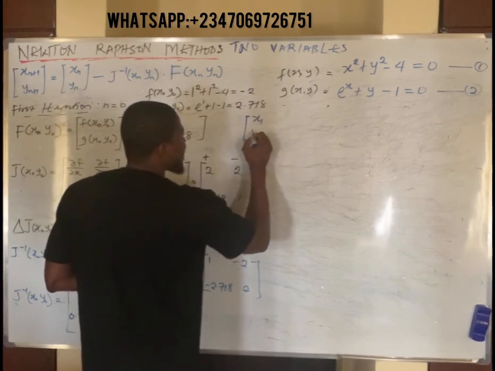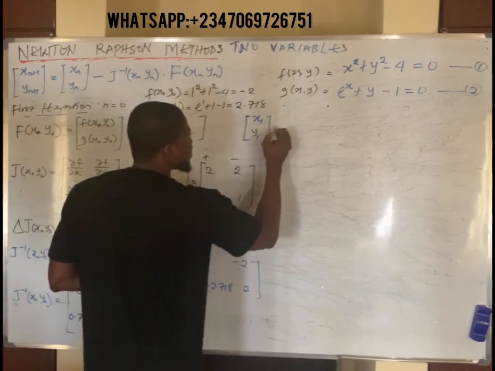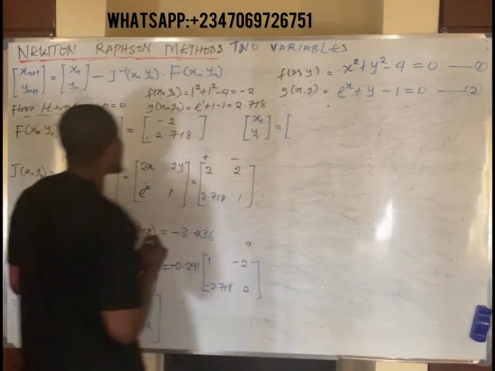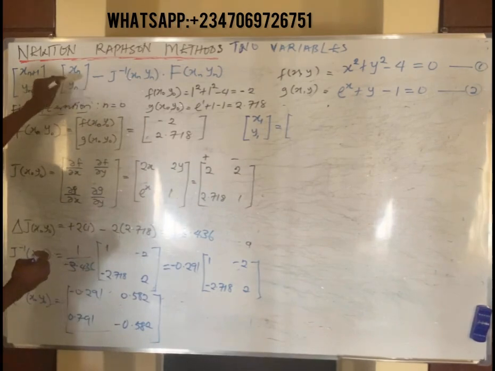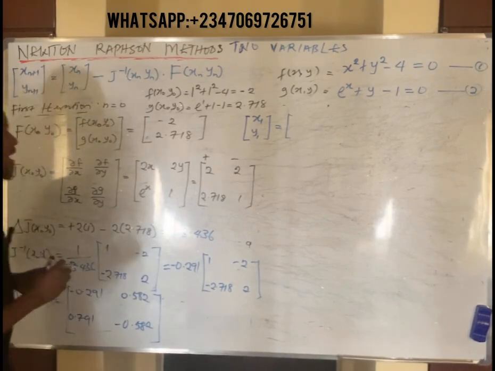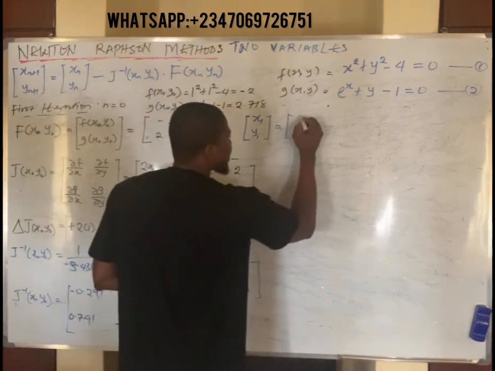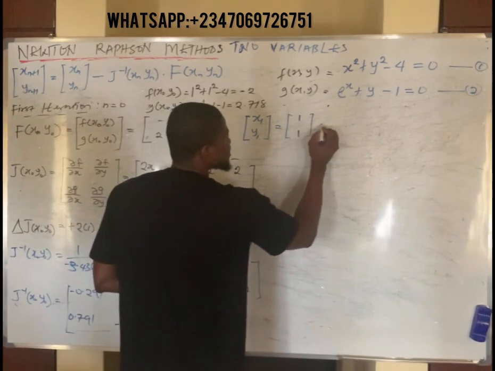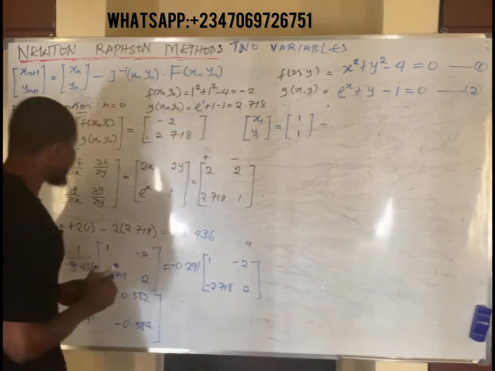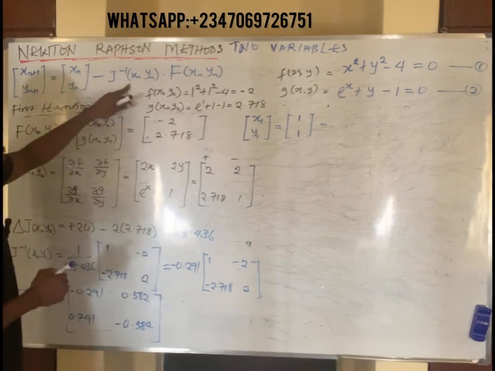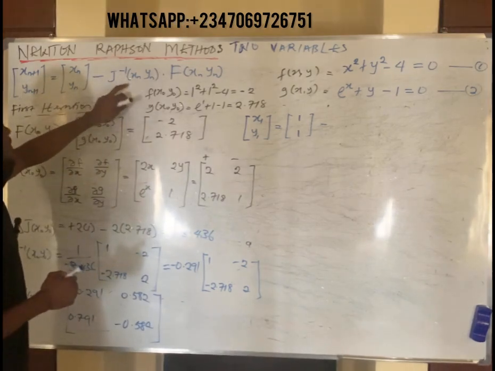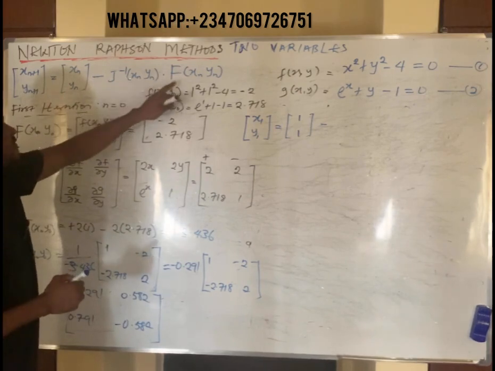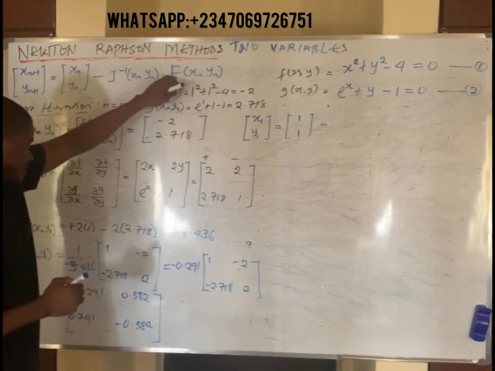x1 y1 is going to be equal to, remember, you have here xn and n is 0, so that gives us x naught y naught, and x naught is simply 1, y naught is also 1. You have this minus the Jacobian inverse of that function at the initial guess multiplied by the value matrix of the function at the initial guess.